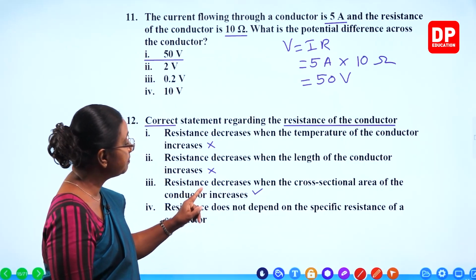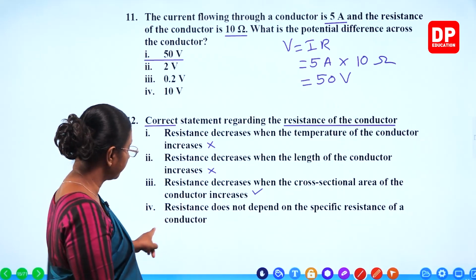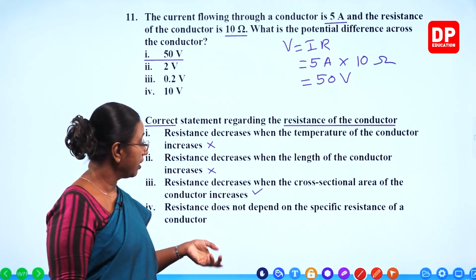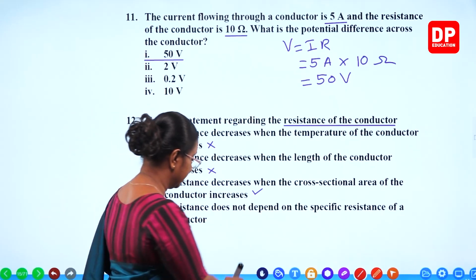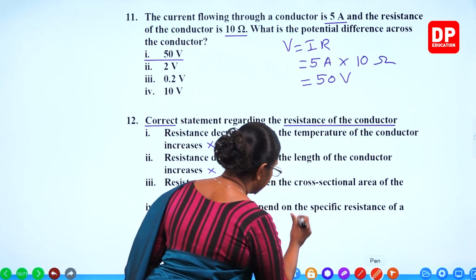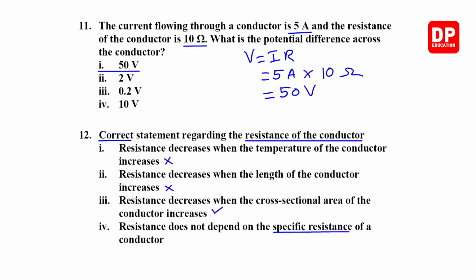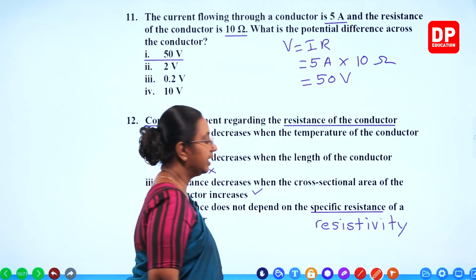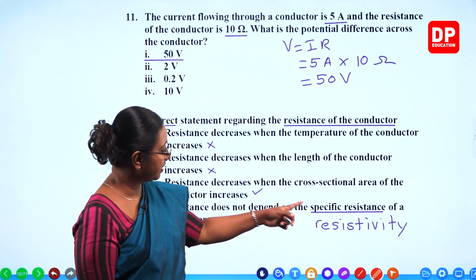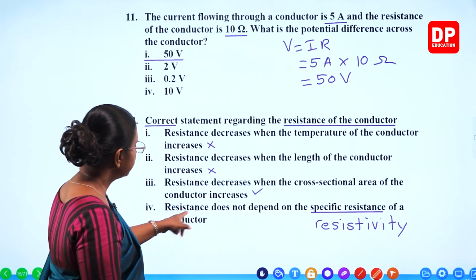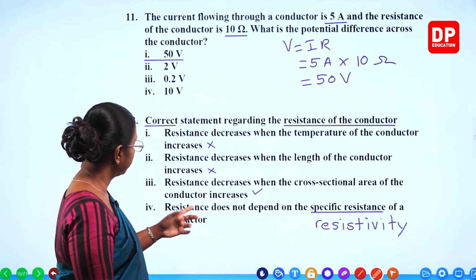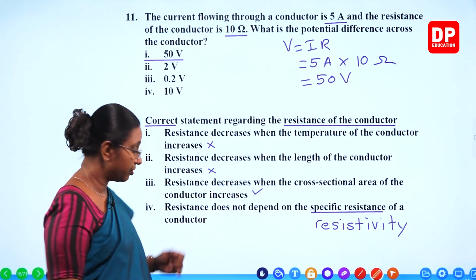Resistance does not depend on the specific resistance of a conductor. That is also wrong. When we say specific resistance, that is resistivity. It refers to the same thing. Specific resistance and resistivity are the same. So resistance does not depend on the specific resistance of a conductor, that is wrong.